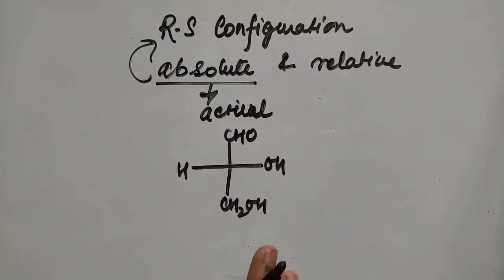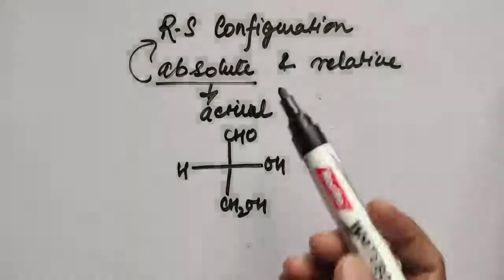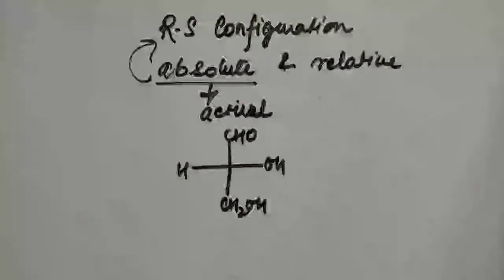So we will write like this. The actual molecule is a 3D molecule. It has a definite orientation in space, but on 2D the process of writing the molecule is known as Fischer projections. Now the assignment of RS configurations to Fischer projections of organic compounds involves certain steps. Let's discuss the steps one by one.